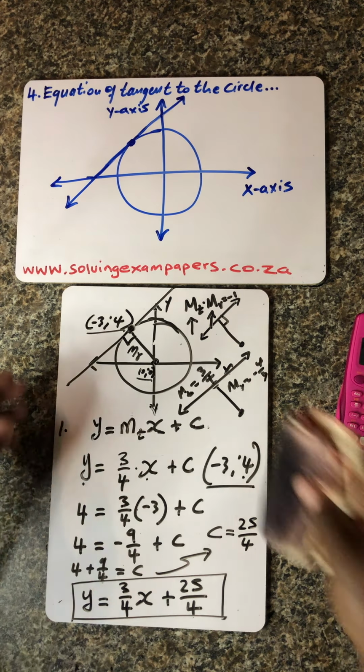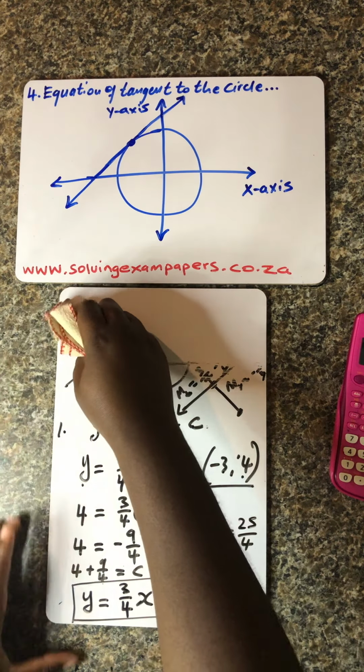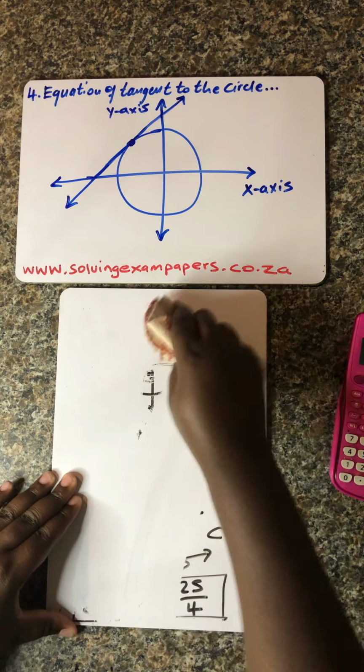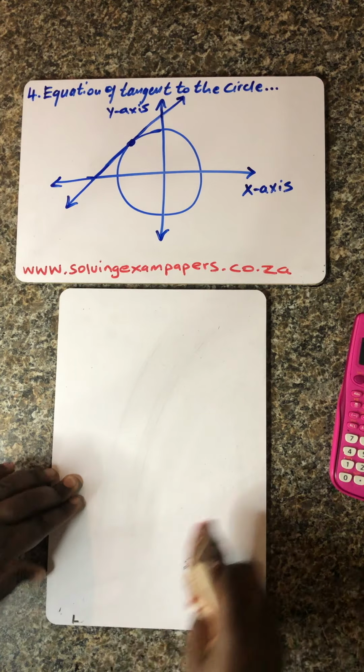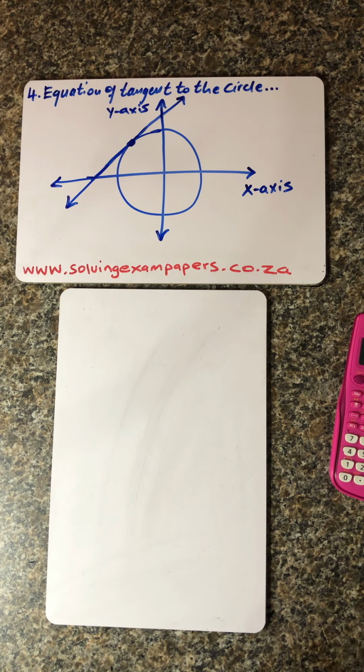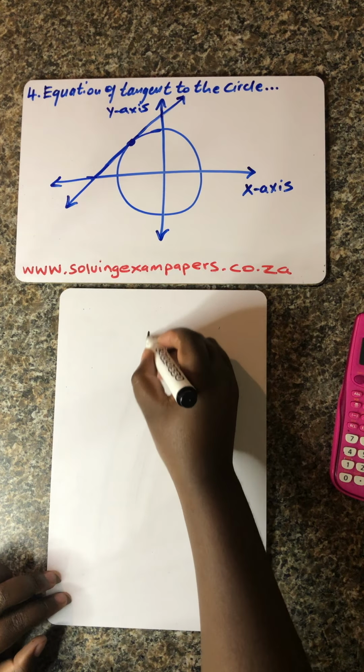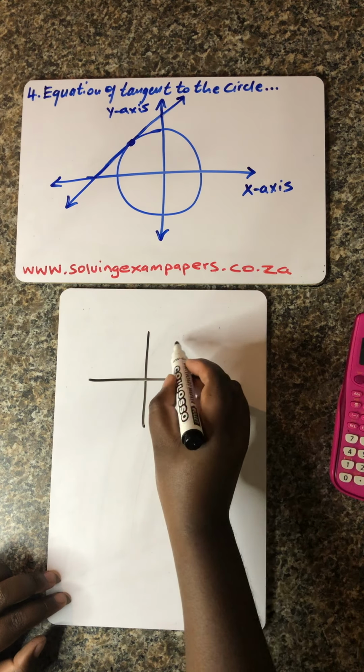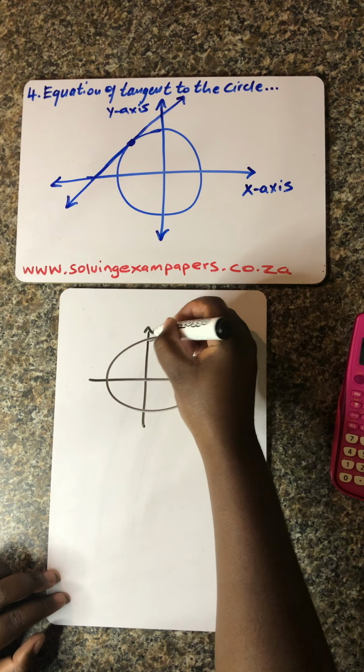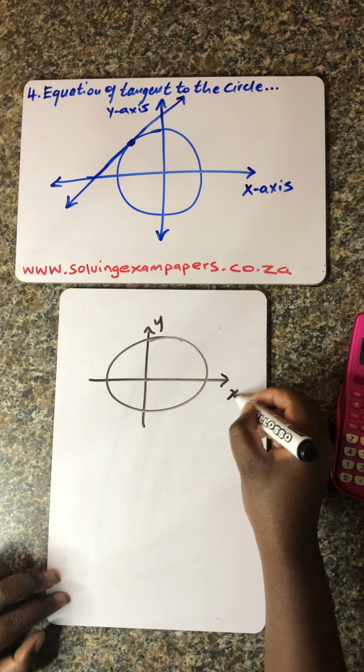I've just promised you that I'm going to bring a different scenario, ladies and gentlemen. So I'm just going to give it to you as part of your homework. So let's say we've got a circle. Obviously this is the y-axis, this is the x-axis.